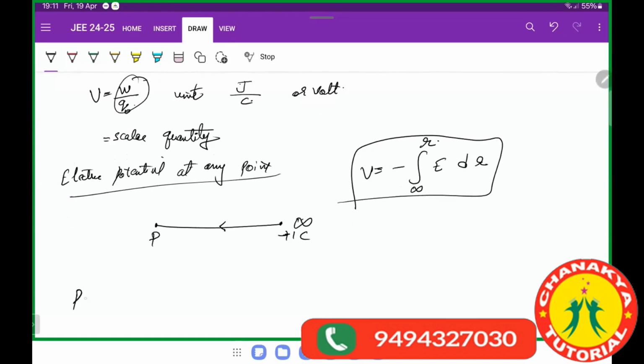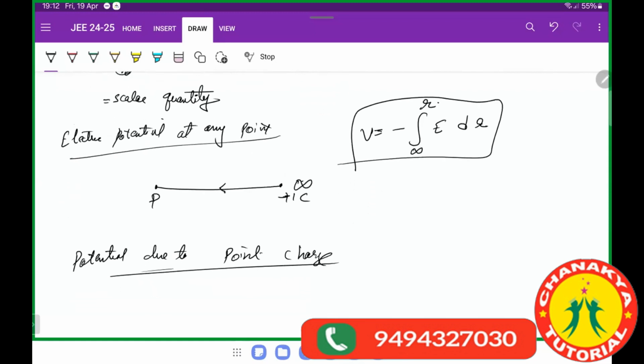So potential due to a point charge. What was E here? E is KQ by R square.